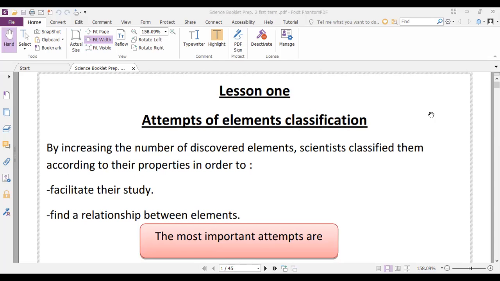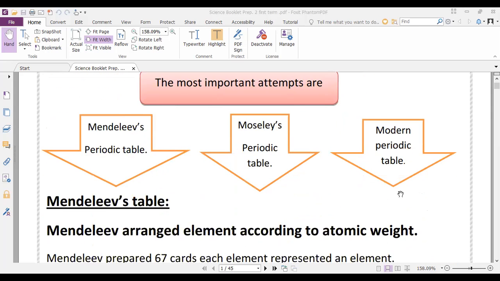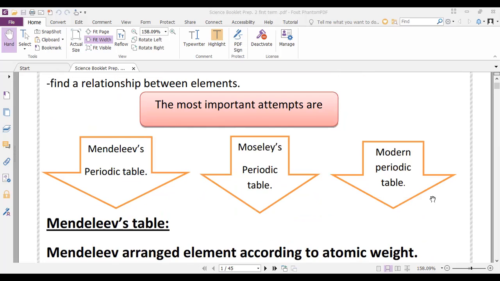Okay, thanks. What are the most important attempts? The most important attempts are, number 1, Mendeleev's periodic table. Number 2, Moseley's periodic table. And number 3, the modern periodic table.